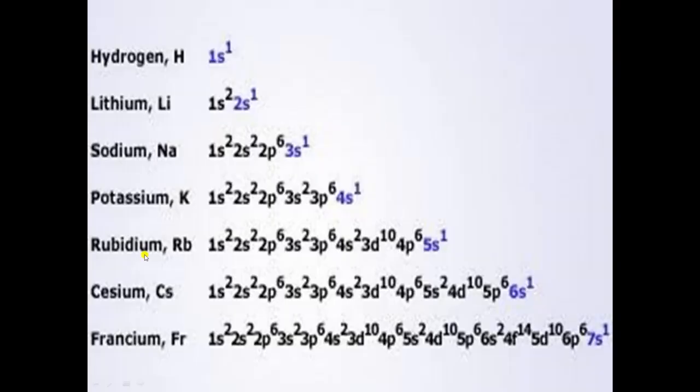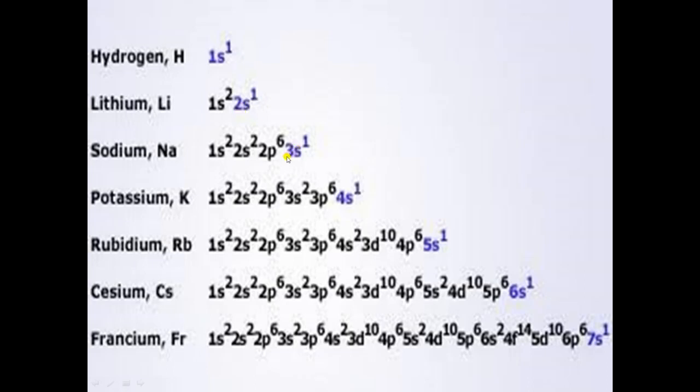When we write the electronic configuration of these elements present in different periods, you will observe that the value of n is determined by its period. 1s1: here n is equal to 1 and it is present in the first period. Here 2s1, n is equal to 2, second period.